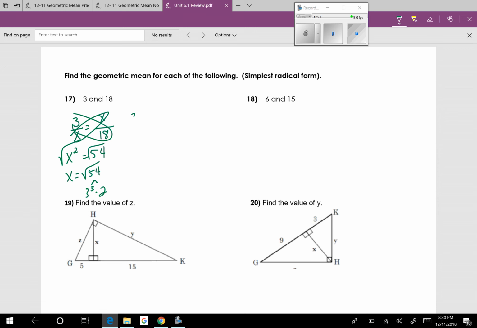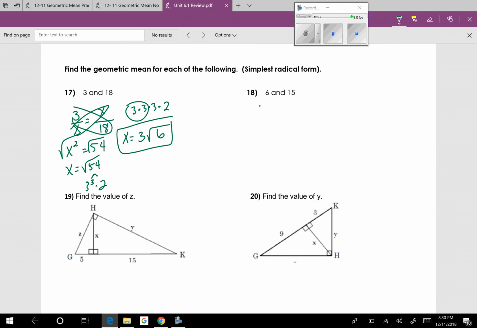So we have 3 times 3 times 3 times 2. Find your pairs. We have one pair of 3, so that comes out to the side. So x equals 3. And then this 3 and the 2, the loners, they stay in, but you multiply them back together. So 3 times 2 is 6. So x is 3 square roots of 6. All right, now let's do the next one.